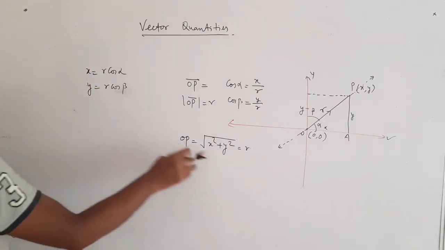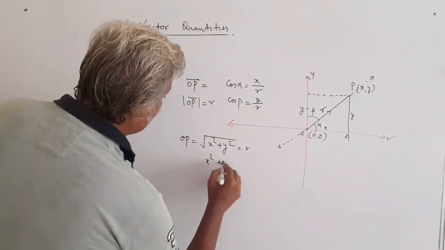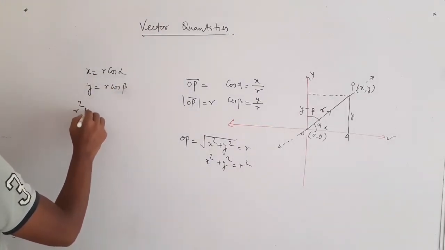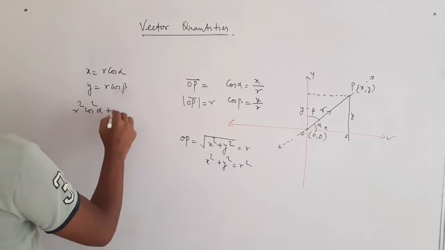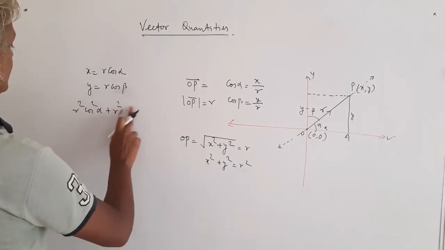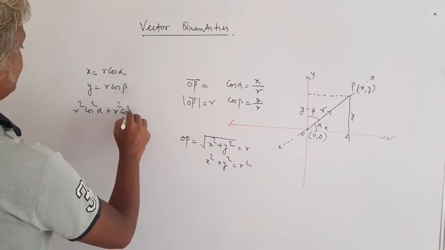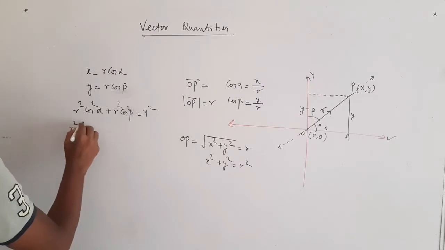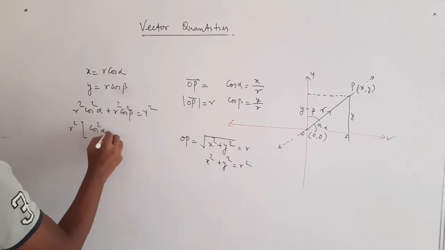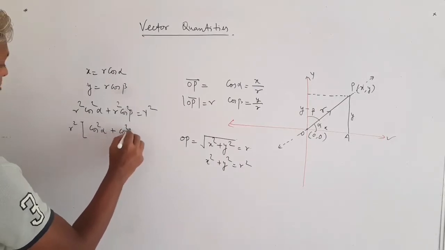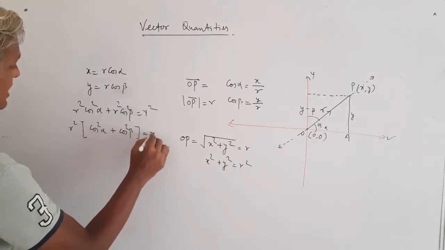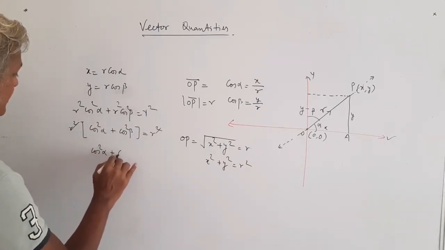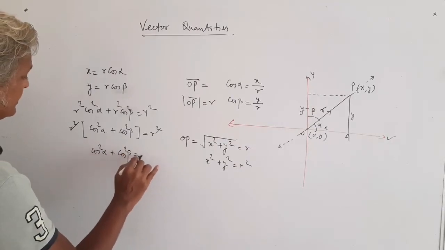Again if I use this, x square plus y square is r square, and adding them up, we find r square cos square alpha plus r square cos square beta equals r square. Now take r square common, so r square times cos square alpha plus cos square beta equals r square. These two cancel, and then we find cos square alpha plus cos square beta is 1.